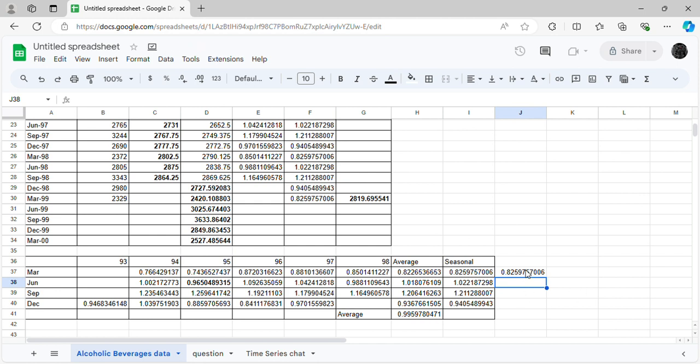And we do the same for all the other quarters.